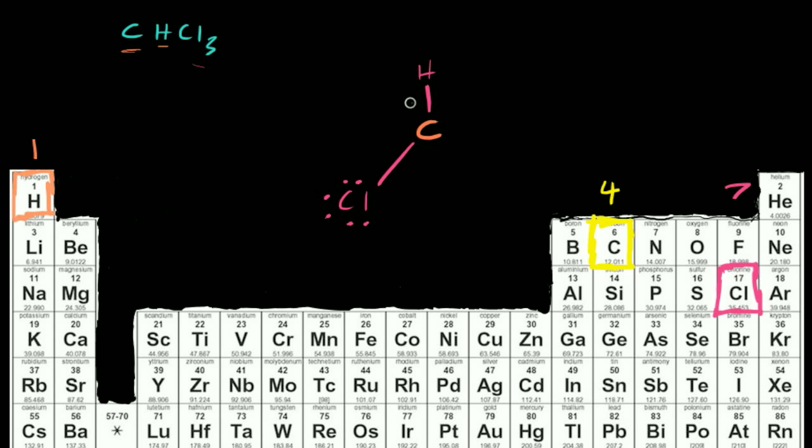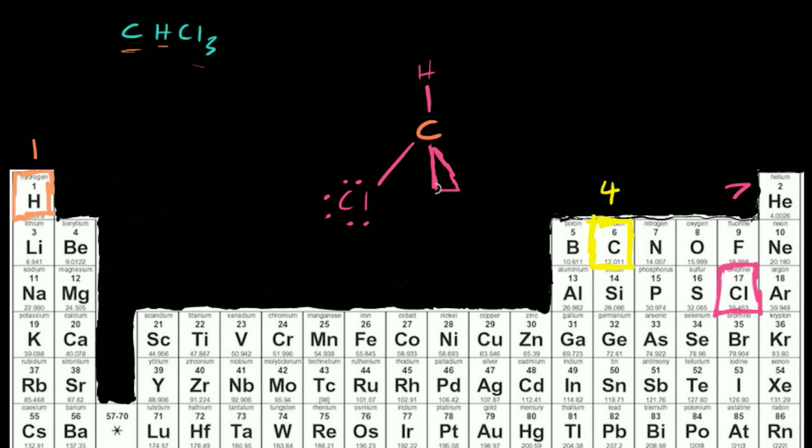And then what is our structure going to look like? We're going to have 4 things bonded onto this carbon, and hopefully you can already see that the structure is going to be tetrahedral, right? Because we've got 4 different atoms bonded onto our carbon, and carbon has 4 valence electrons, so we're not going to have any lone pairs on our carbon. Let me start drawing our tetrahedral structure.